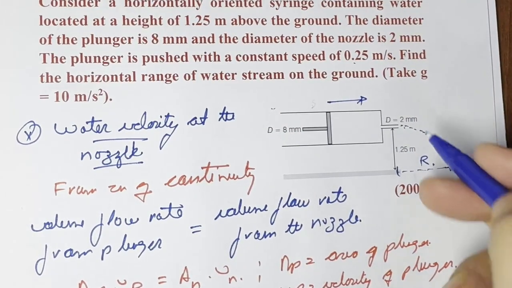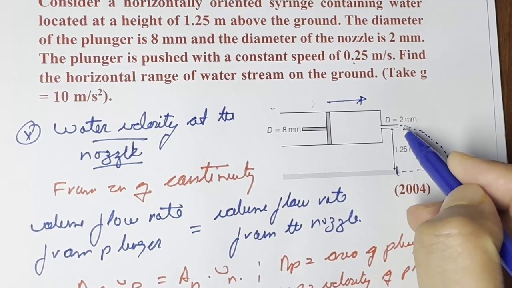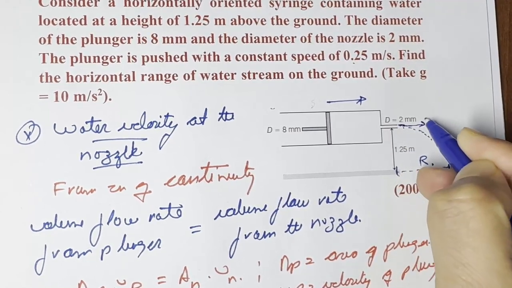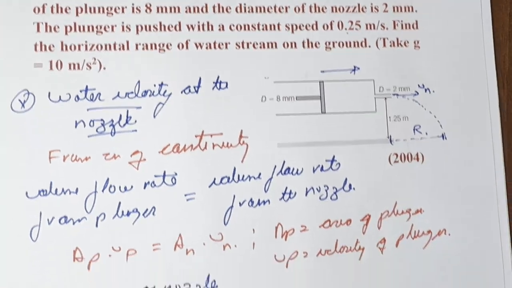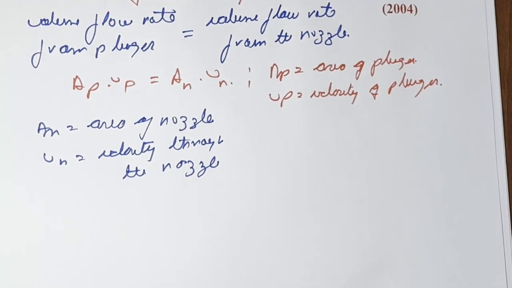From the diagram, the velocity of the liquid coming from the nozzle will be VN, in this direction, so this will be our VN.